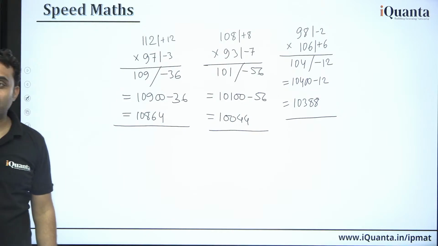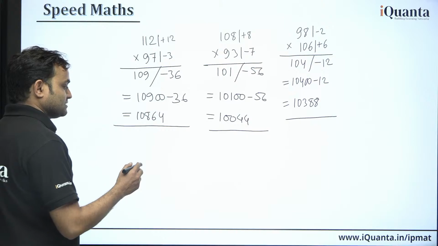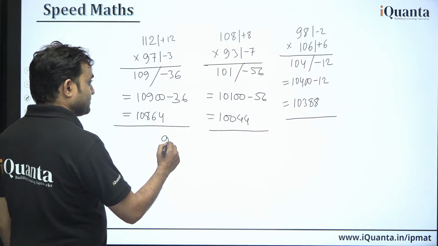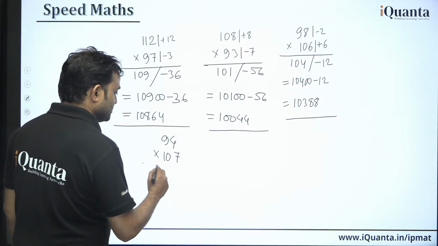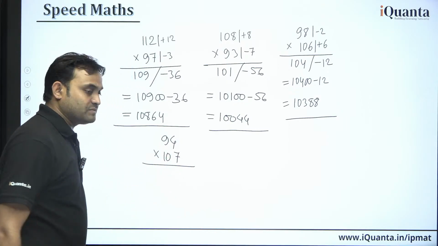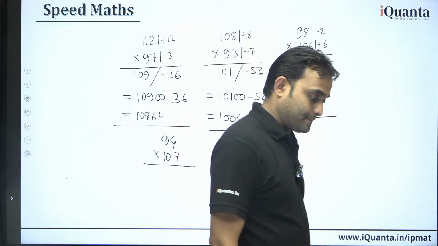So, can you calculate 94 into 107 using the same method? Tell me what will be 94 into 107?